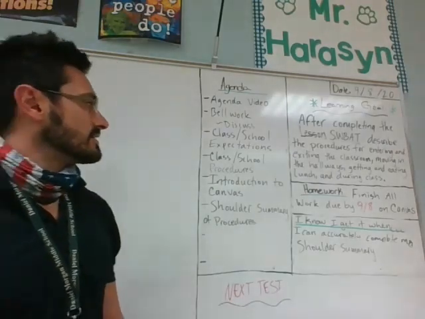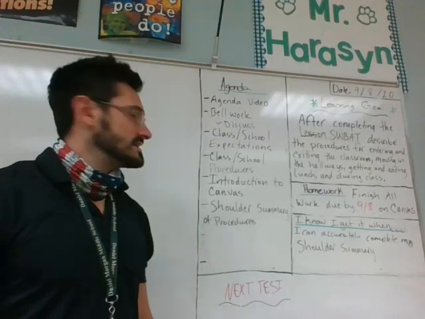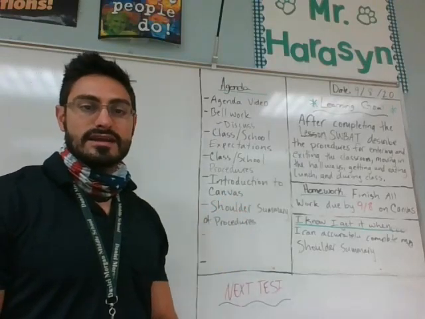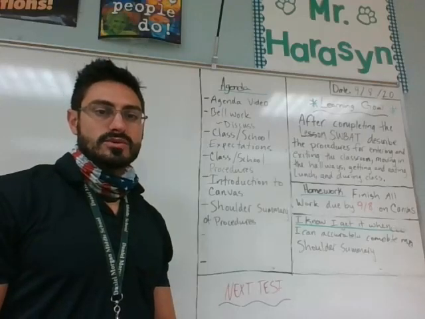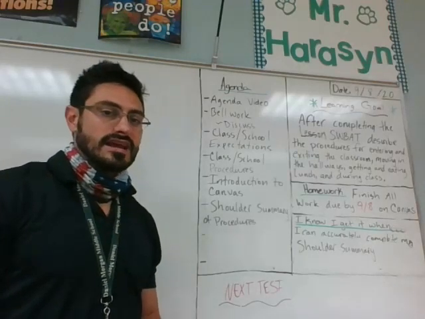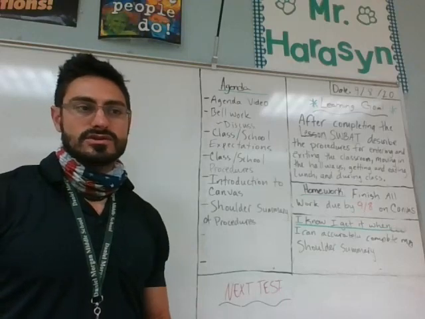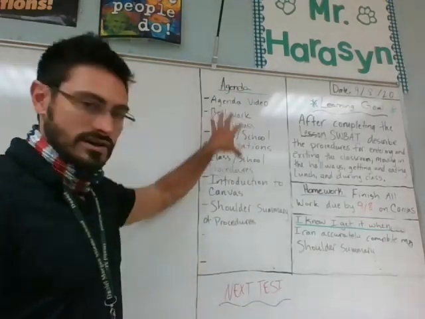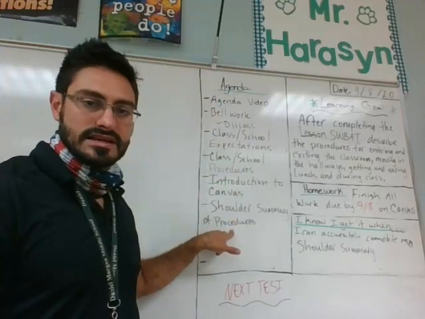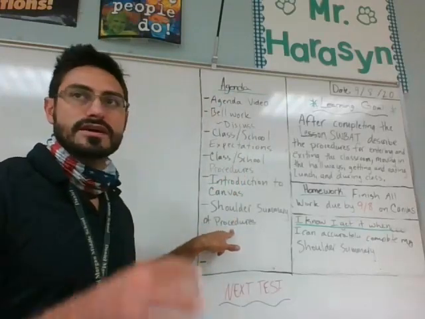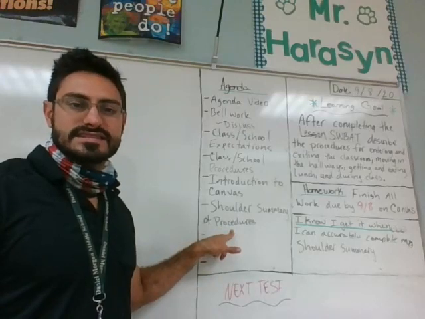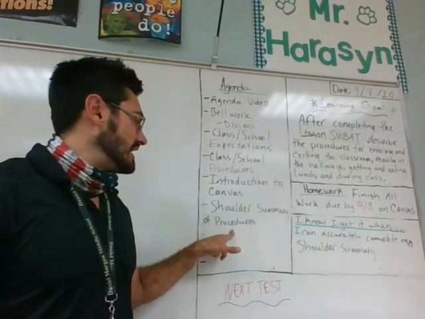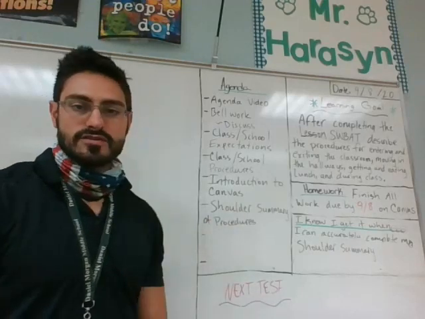And then after we go over those procedures and expectations, we're going to give you an introduction to Canvas, which is, if you remember last year we did a lot of Google Classroom stuff, our new Google Classroom. It's how we're going to be interacting digitally with each other. And then lastly, once we've covered all this stuff, the last thing on the agenda is going to be some sort of exit ticket type closure activity at the end of class. And that's going to be today a summary of the procedures.